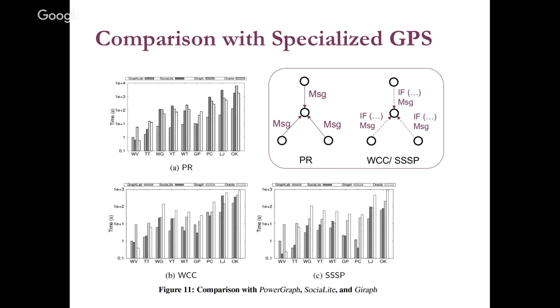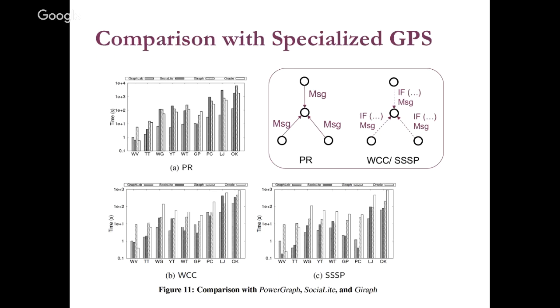And then we compare the performance of Oracle to 3 specialized graph processing systems. Here they are Socialite, Giraph, and PowerGraph. Socialite and PowerGraph are memory-based systems, and Giraph is built on the Hadoop framework.